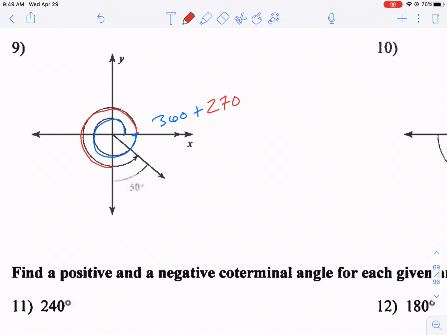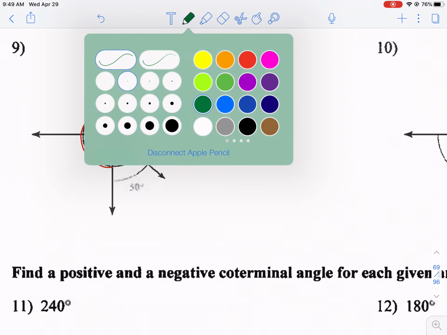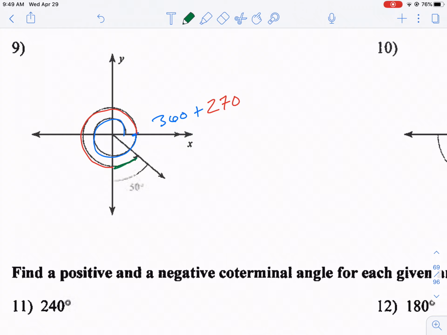So what I've got outlined in blue is 360 degrees. It's a full lap. What I've got outlined for you in red is 270. I went 3 quadrants. And then let's go ahead and do a green. That's this last piece right here, and we see that it is 50. So I add another 50. So I'm just going to add those 3 numbers together. So 360, 270, and 50. And I see that this is a 680-degree angle.